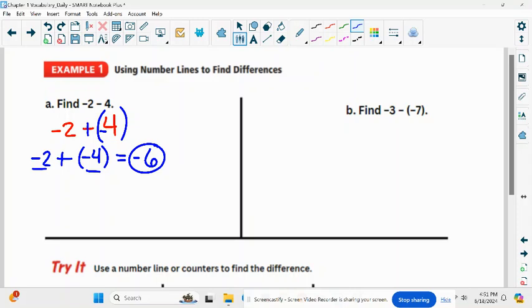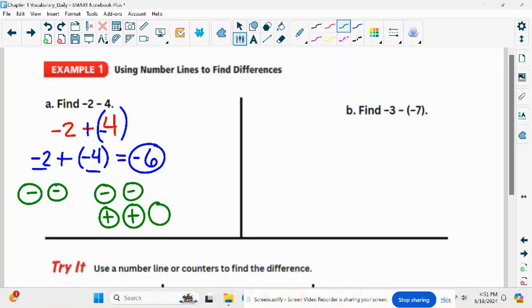But what does that look like in the form of using counters? How could I model that? So if I have 2 negatives and I'm trying to take away 4 positives, I don't have 4 positives to take away. I'm going to need 4 positives. So to get 4 positives, I have to add a negative for every positive so that those would cancel out so that we're not actually changing the equation.